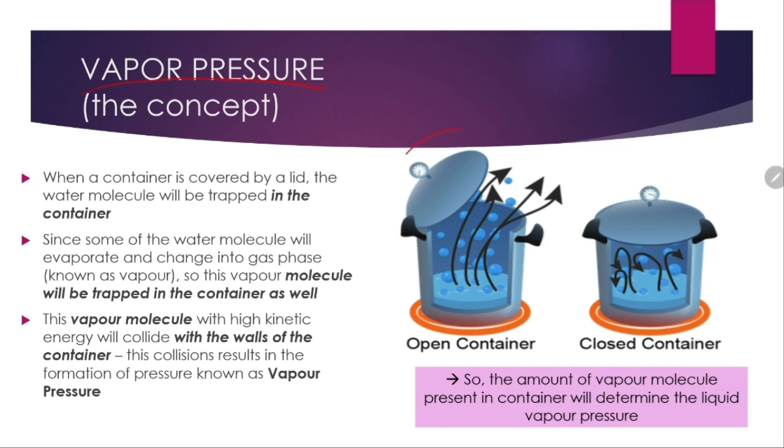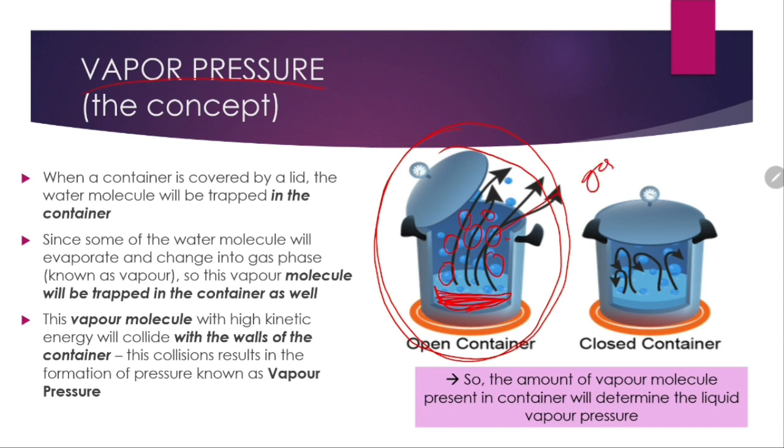If we have an open container system, the liquid molecules close to the surface that have enough kinetic energy to overcome the intermolecular forces will be transformed from liquid to gas molecules. These are all gaseous molecules, sometimes named vapor.